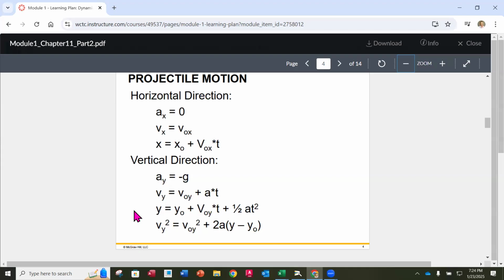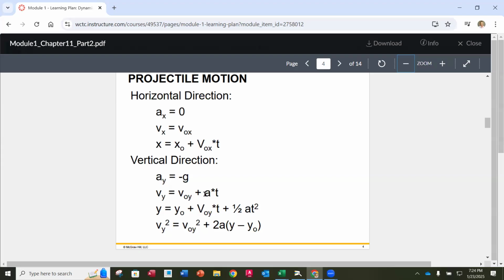The vertical direction then, because there is an acceleration in the y direction, is going to be due to gravity, okay? So in this case, for the velocity, the y component, we're going to take that original y value, and then we're going to add the acceleration times time, okay?